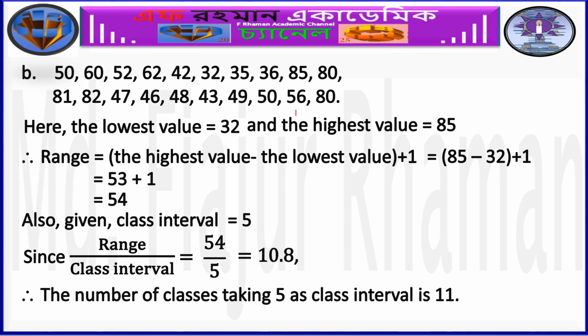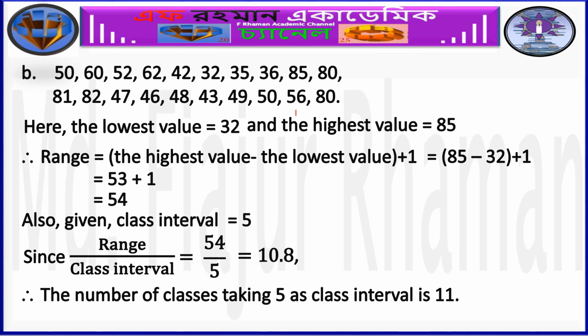Therefore, the number of classes taking 5 as class interval is 11, which is the next integral value of 10.8, and 11 is acceptable because the number of classes will always be not more than 15 and not less than 5.